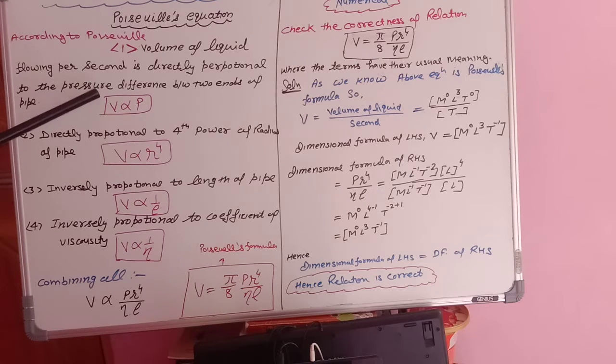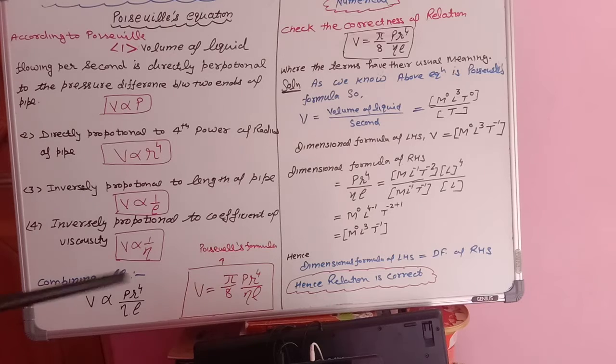By combining these 4 points, you get that V is directly proportional to P, R4 upon eta, L. And whenever you remove this proportionality sign, one constant will come here, and that constant is pi by 8. So this full formula is known as Poiseuille's formula.